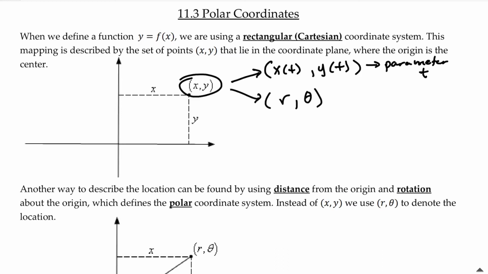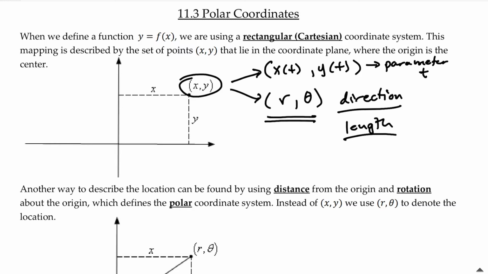For polar coordinates, we're going to be defined by r and theta, which you could think of as direction and length or magnitude. So again, still this idea of vectors is kind of floating in the background.